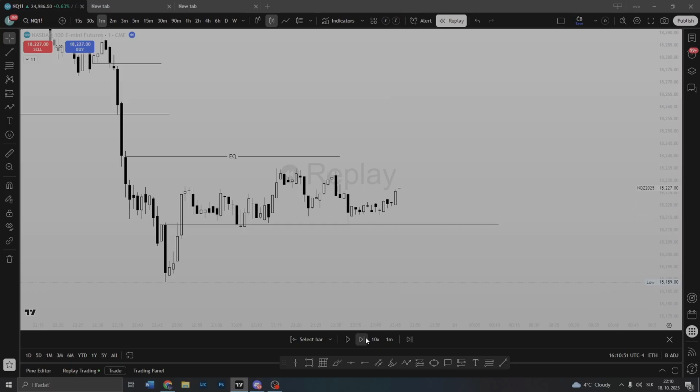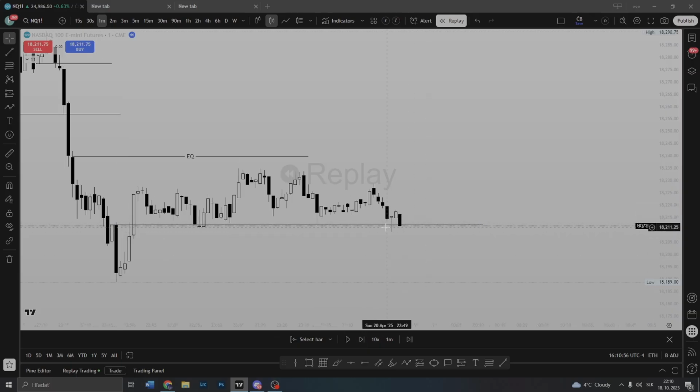We'll see. So now we survived basically all the liquidity on the left. We are kind of going into that 50% range, I believe. Yeah, we are like 2 ticks above it.